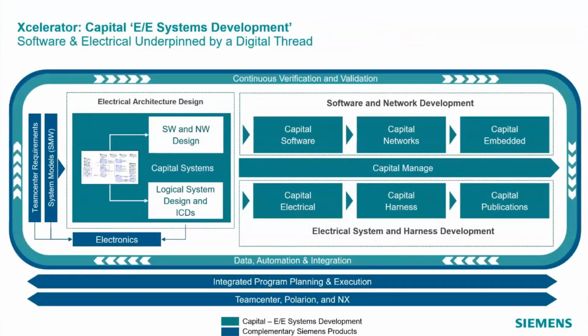So Capital itself is a data-centric system built on data and process backbones that enable extremely high levels of automation, data coherency, and integration with the adjacent domains.